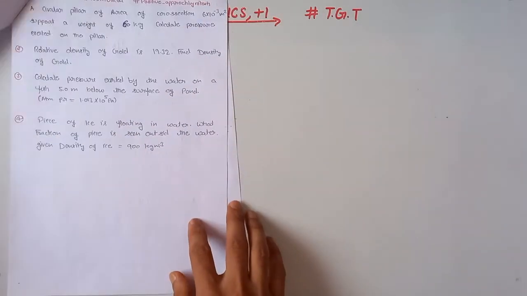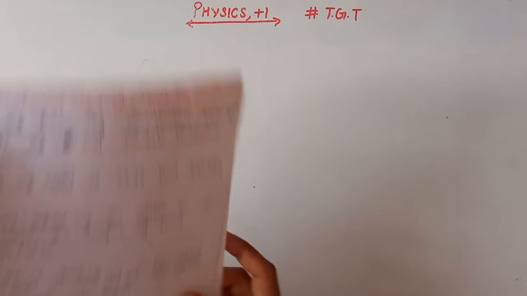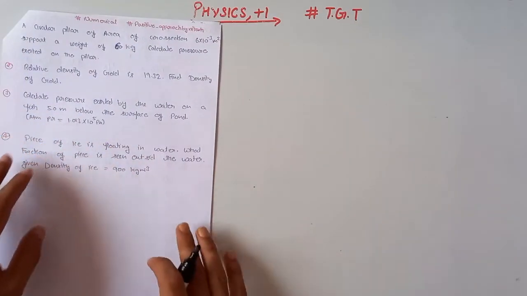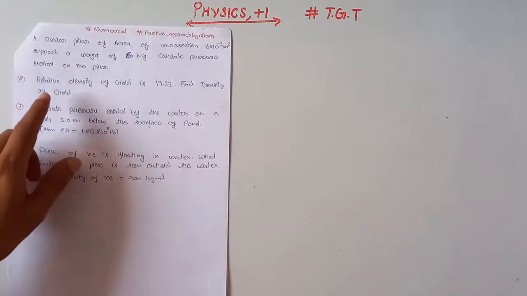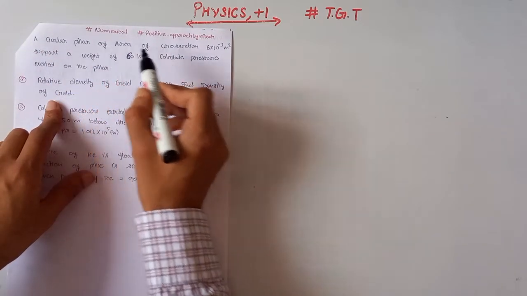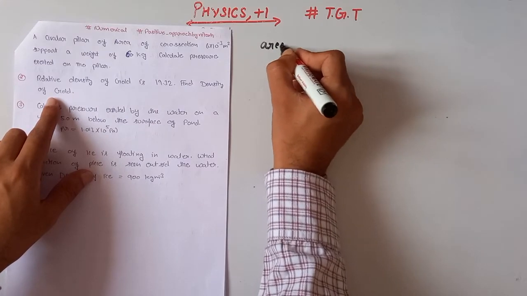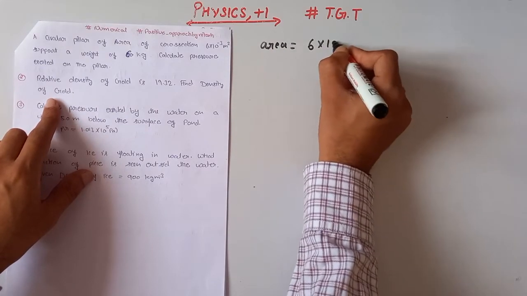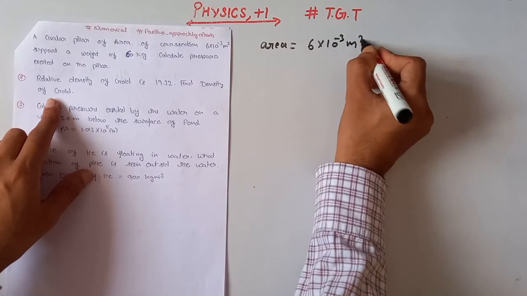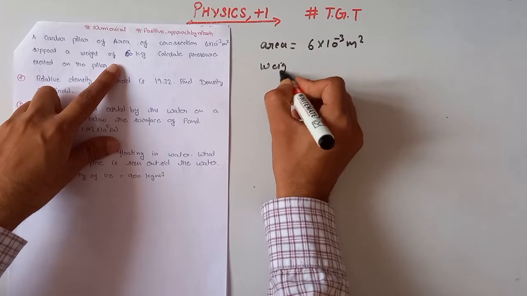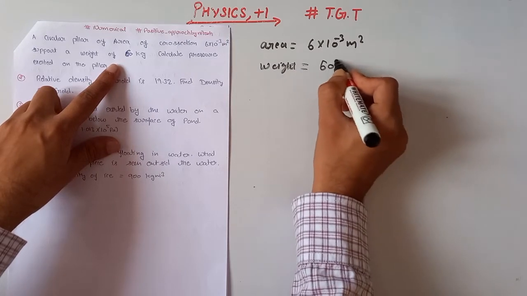Now we will do some important numericals on the basis of these key points, which are very important from the examination point of view. Our first question: a circular pillar of area of cross section 6 into 10 raised to power minus 3 meter square supports a weight of 60 kg.